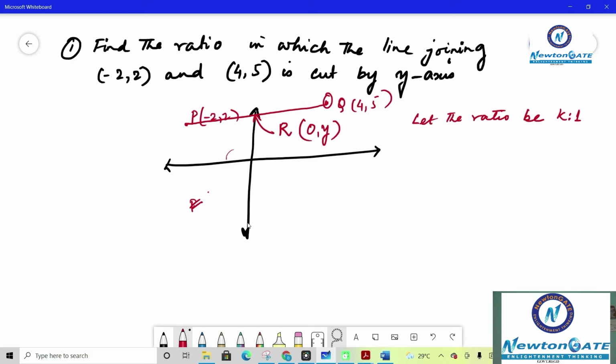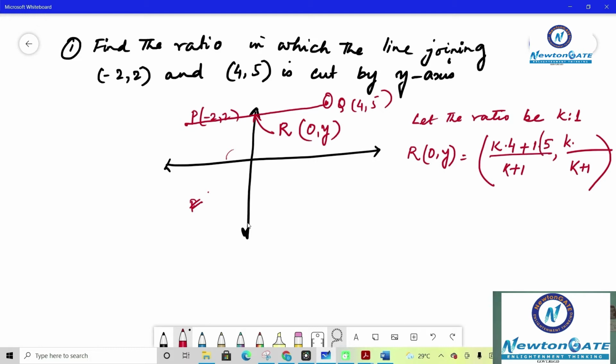In the same manner, we can write R as 0 comma y equal to (k x2 + n x1) by (k + 1), comma, (k y2 + n y1) by (k + 1), where x2 is 4 and x1 is minus 2. So this should be equal to 0 comma y.